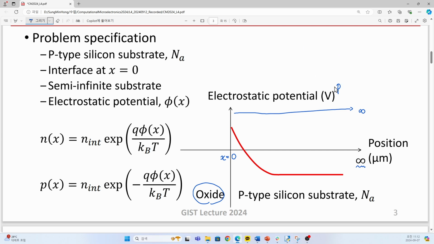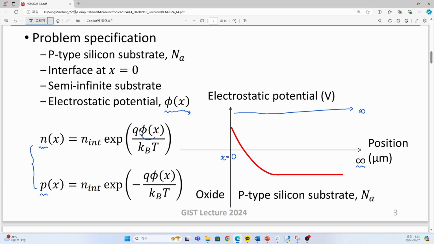Okay, so now we introduce a certain quantity called the electrostatic potential, and also assume that our two important quantities, carrier densities, electron density and hole density, follow this relatively simple form. The important point is that these are just linear local equations.